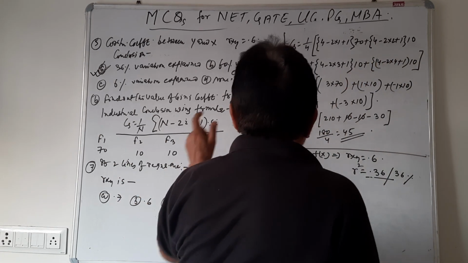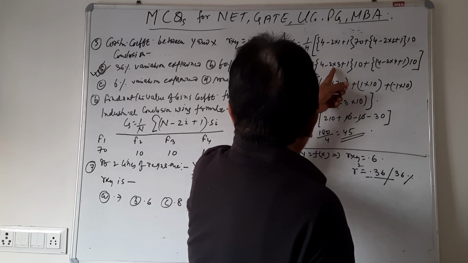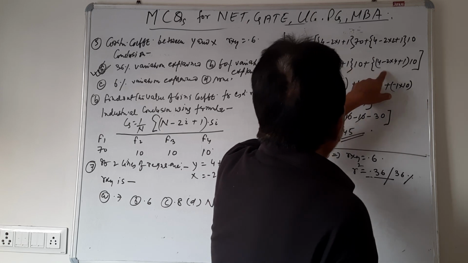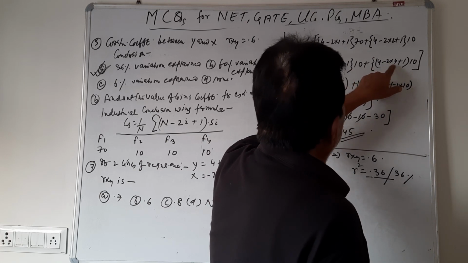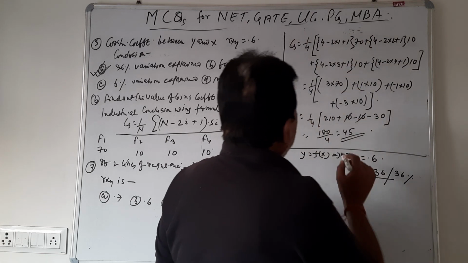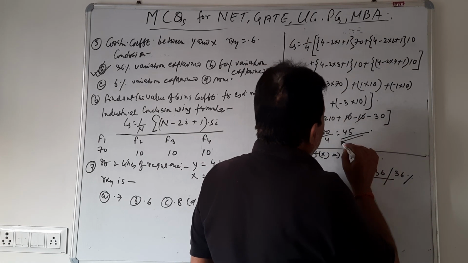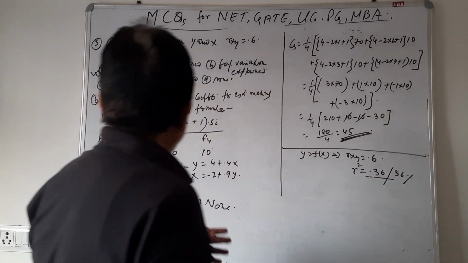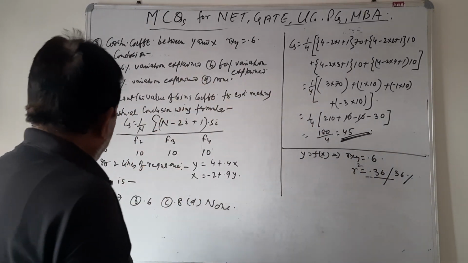Similarly for the third industry, 4 minus 2 into 3 plus 1, into the contribution of the third, 10, and 4 minus 2 into 4 plus 1 into 10 for the fourth industry. When this is solved, we reach the conclusion that the Gini coefficient is 45. So this is 45 by using this formula.